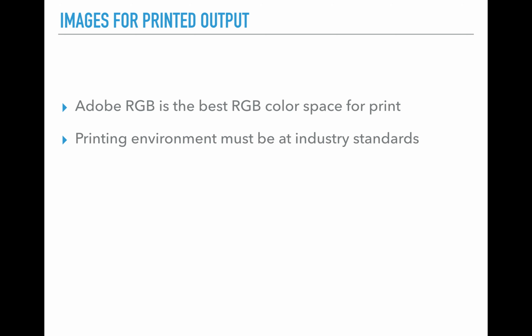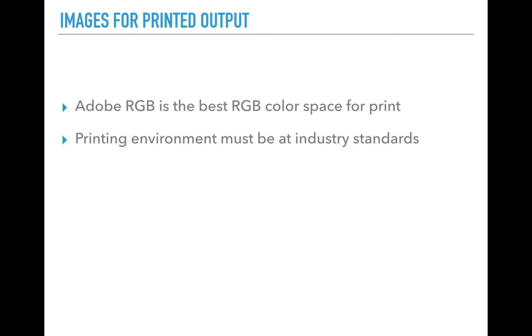Now I want to talk a little bit about how images that are printed need these color management principles, specifically color spaces. So like I said, Adobe RGB is going to be the best RGB color space for print. And just as the monitor display, the printing display and the environment must be at industry standards. So the printer must be calibrated.